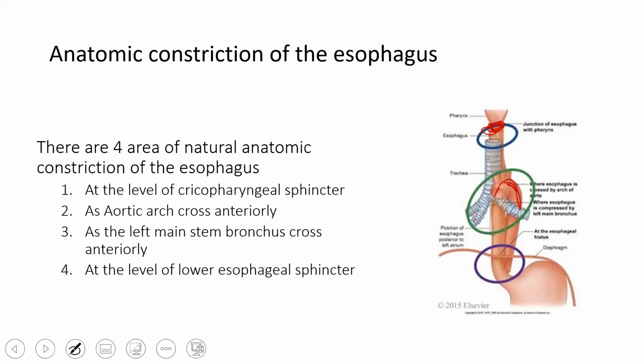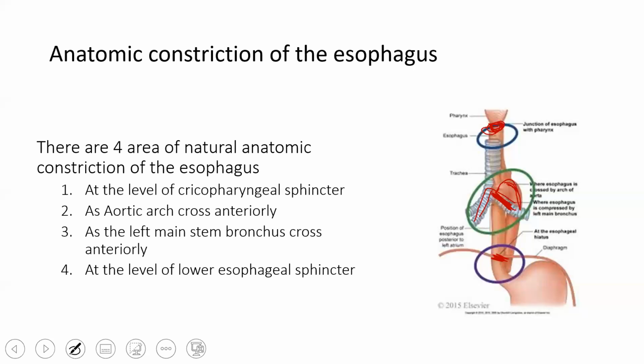Number 3, at the bifurcation where the left mainstem bronchus crosses anteriorly, which can create a slight narrowing in the esophagus. And finally, at the lower esophageal sphincter. So you have 4 natural anatomical constrictions in the esophagus.